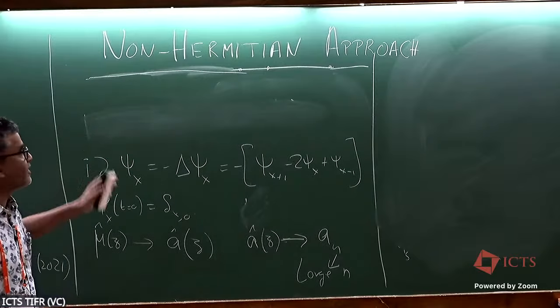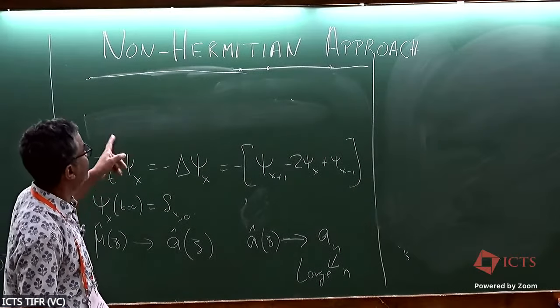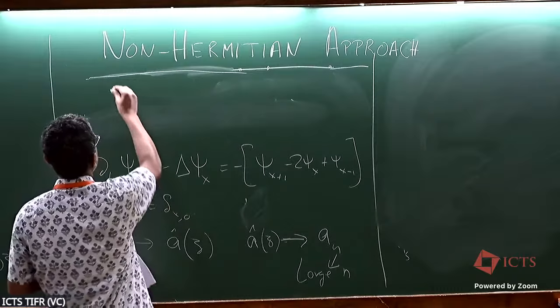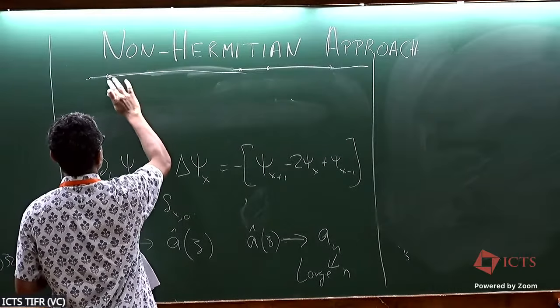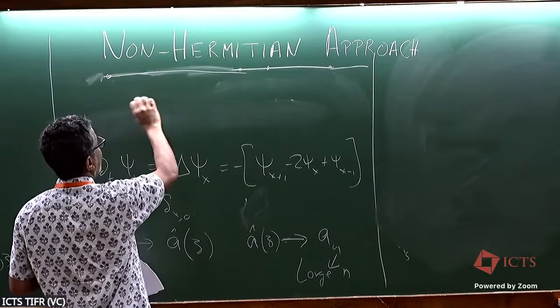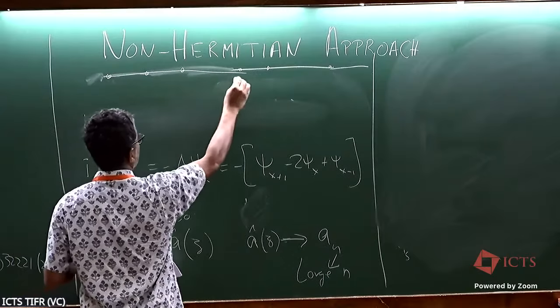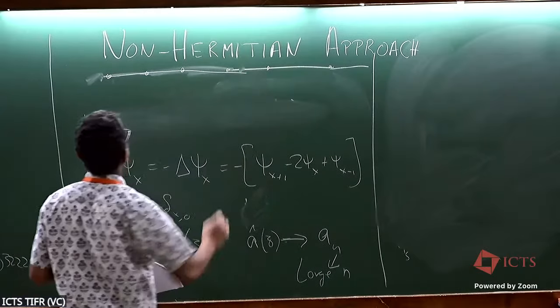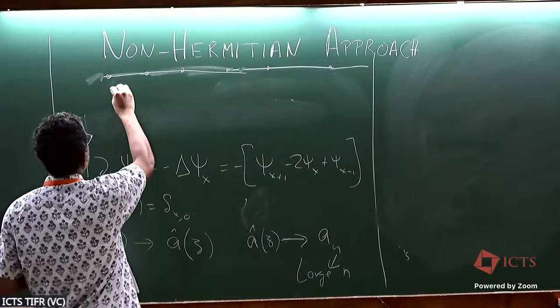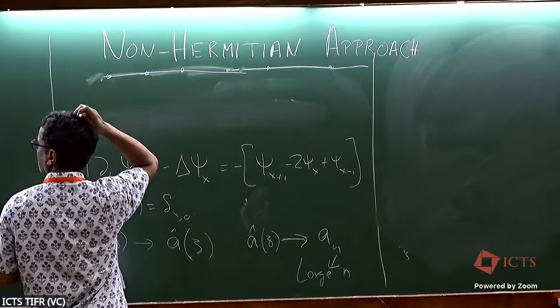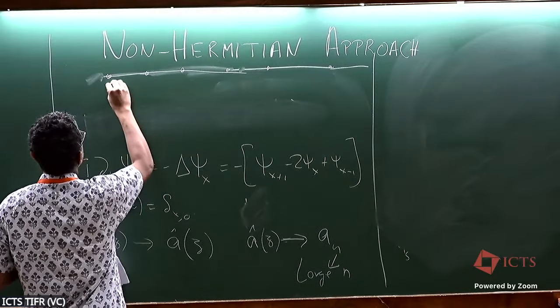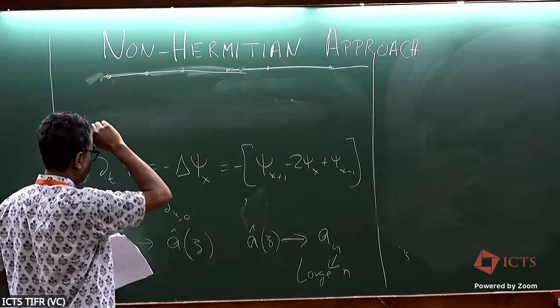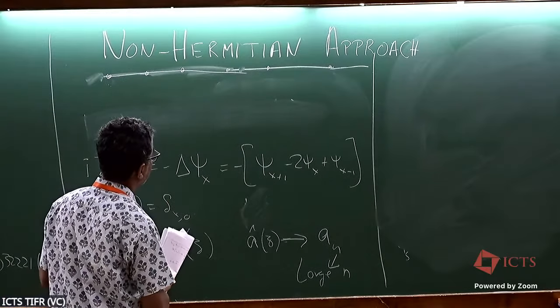It can be used for any quantum system, but we'll discuss it in the context of just this 1D random walk and 1D Schrodinger evolution. And we'll consider the case where the lattice goes from infinity.